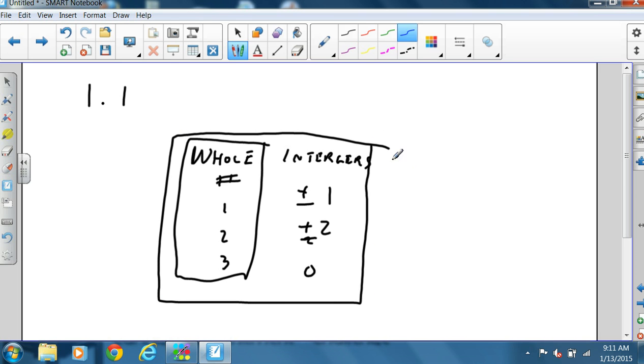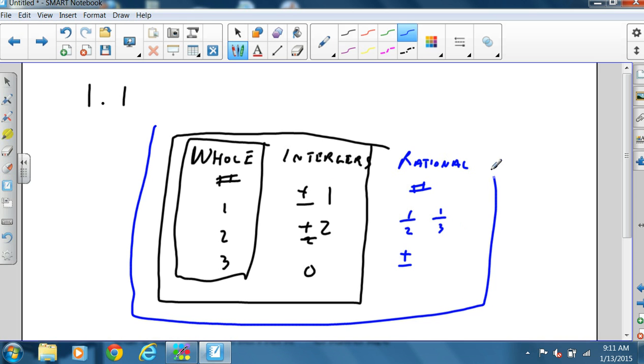And then we have rational numbers. And rational numbers would be a half, a third. Plus or minuses are okay. All the integers are rational numbers. All the whole numbers are rational numbers.